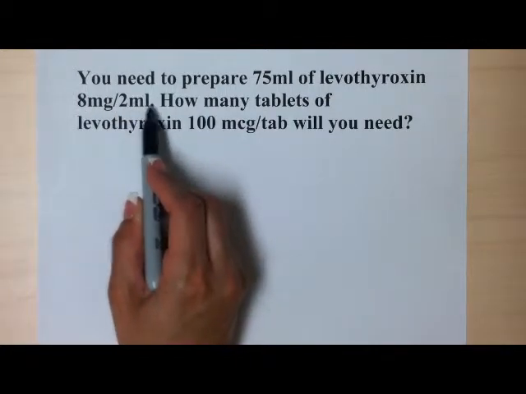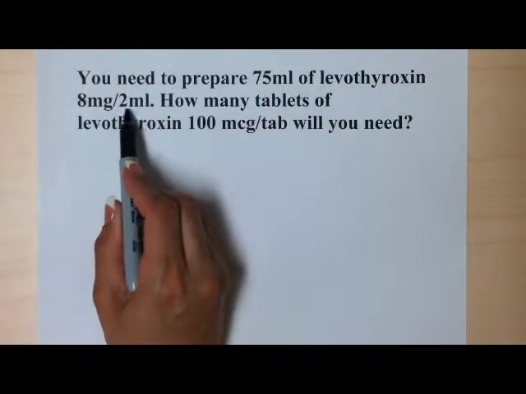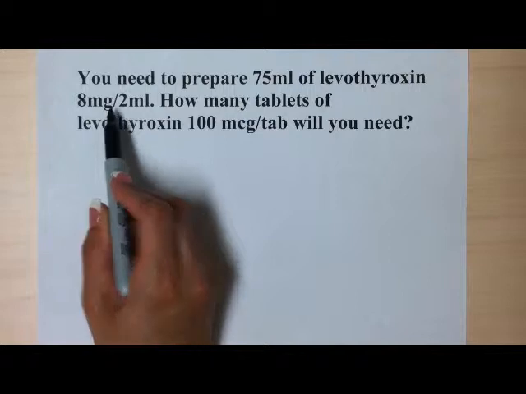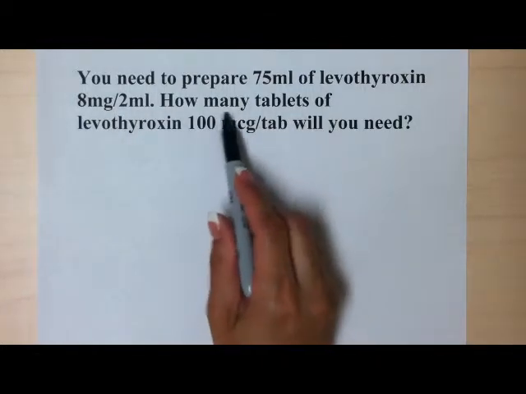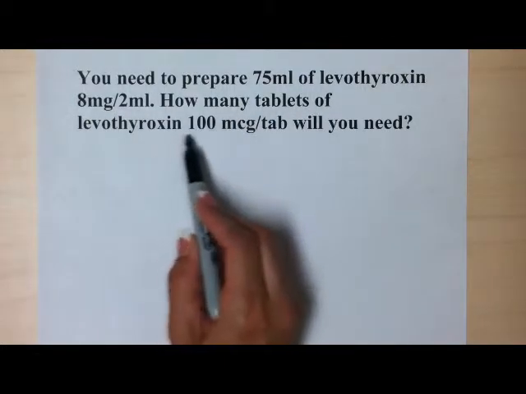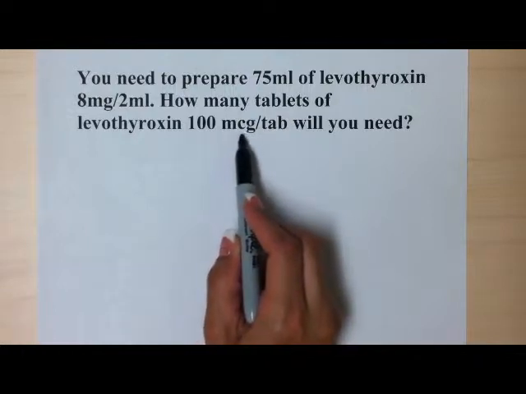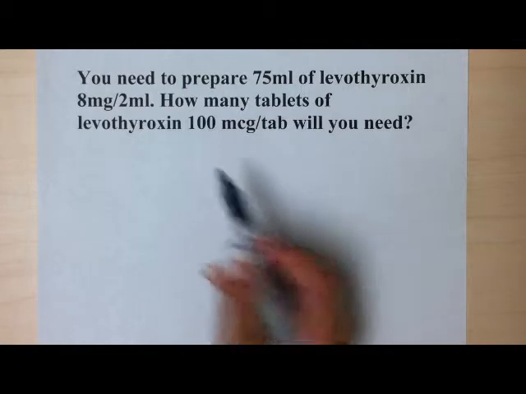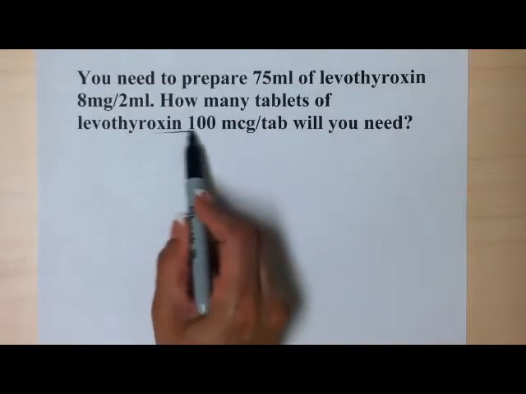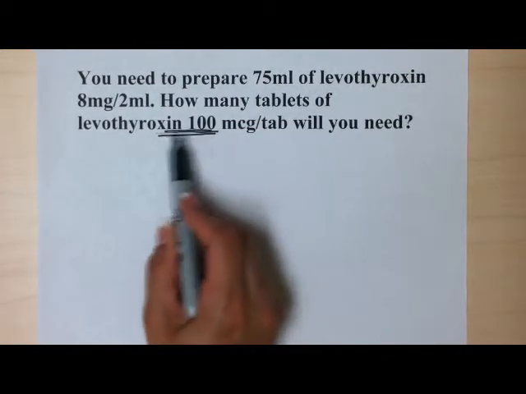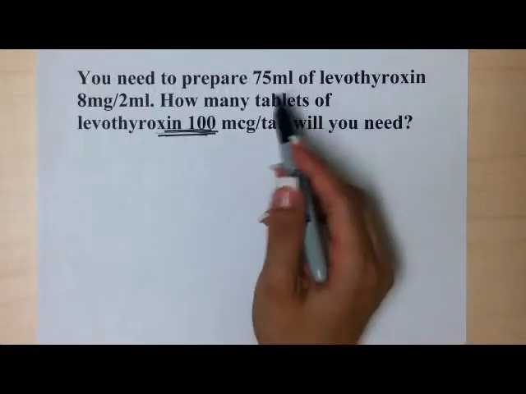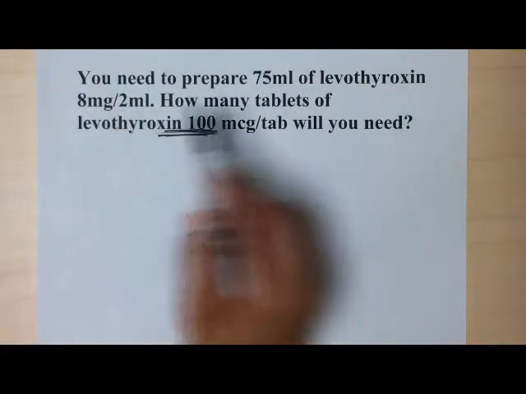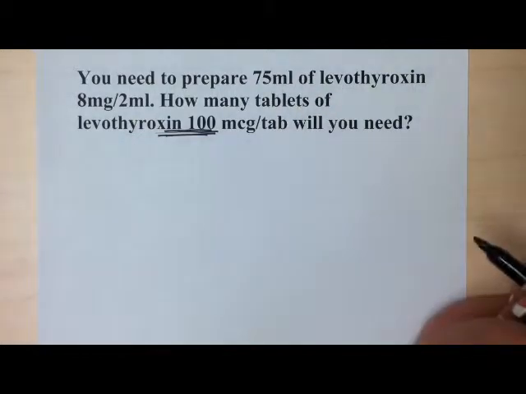So that means that for every 2 mLs, there's going to be 8 milligrams of drug. They're asking us how many tablets of levothyroxine, 100 mcg per tab, will we need. So we know that we're going to be using these 100 microgram tablets, and we're trying to make this concentration of 8 milligrams per 2 mLs, total of 75 mLs.